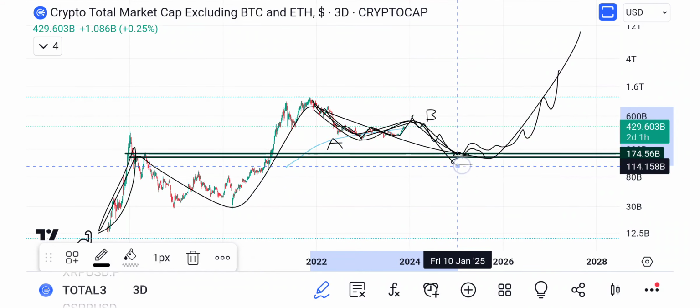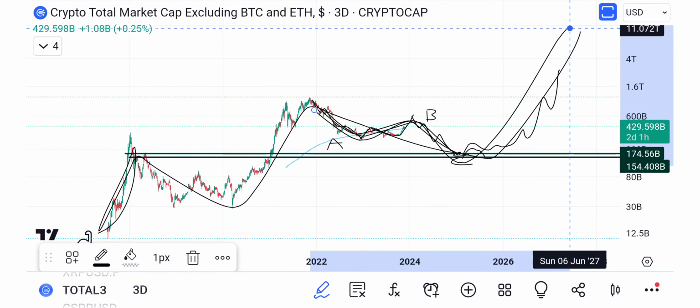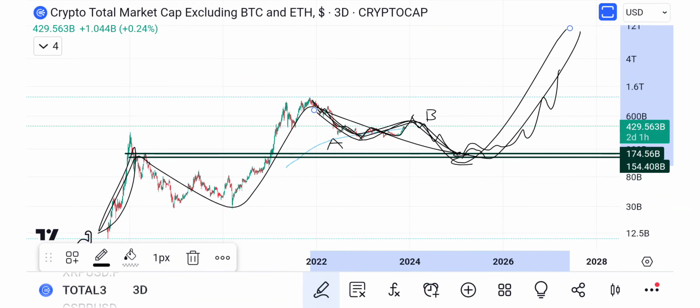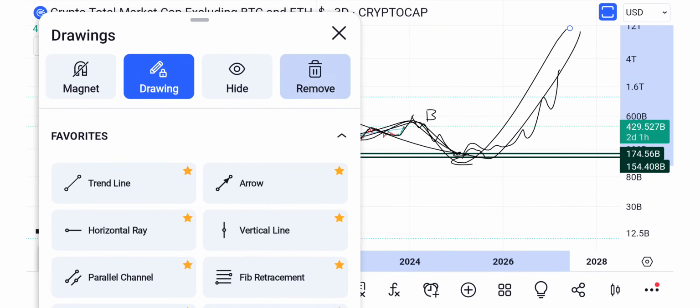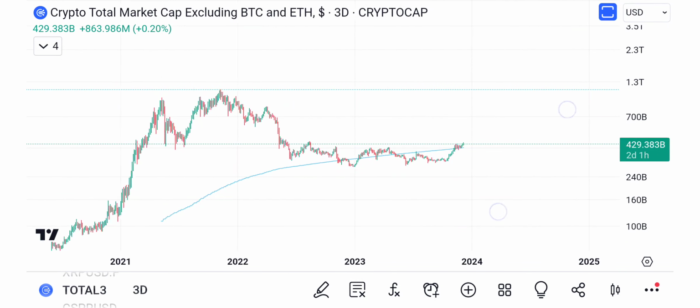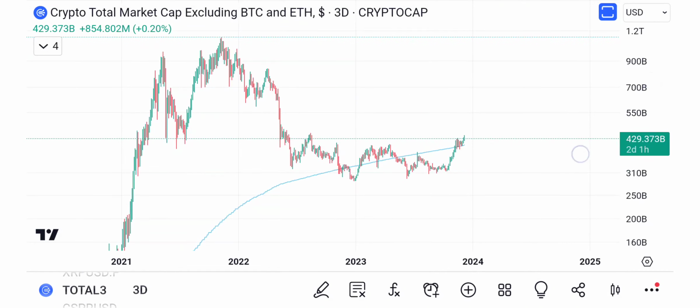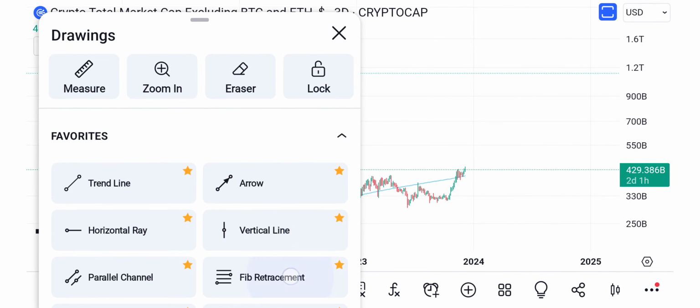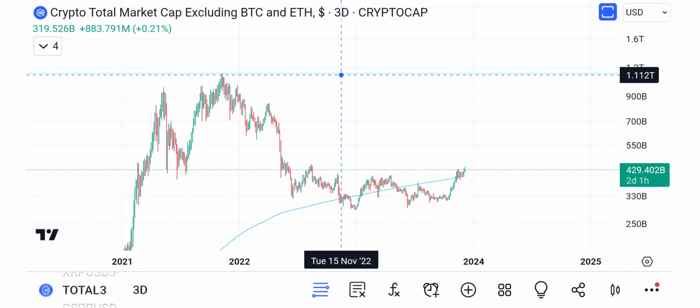So ABC, and then we go higher, right? So that's one way you can look at it. So let's say that is the count. Then where would the target be? Well, let's pull our Fibonacci retracement, and we can see exactly where we could potentially top out, because you want to always be prepared for anything, right?